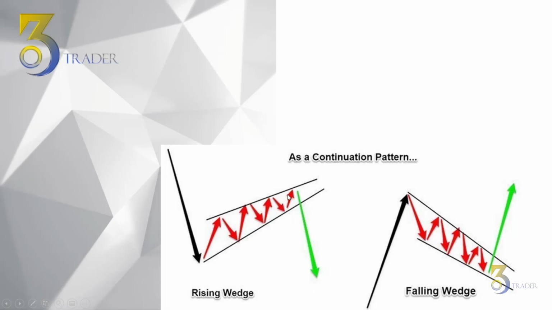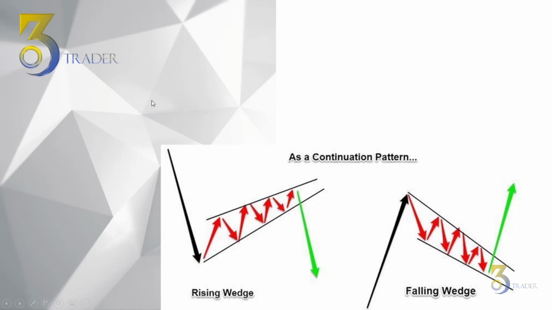We are getting higher highs, but the lows are getting higher as well. And the price action volatility is starting to pinch, showing that the movement in the upward direction is starting to die down. And sure enough, boom, you get that.